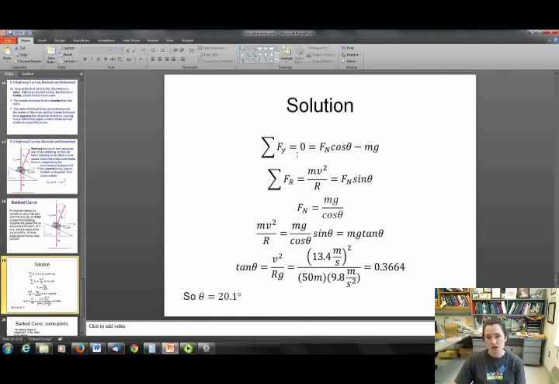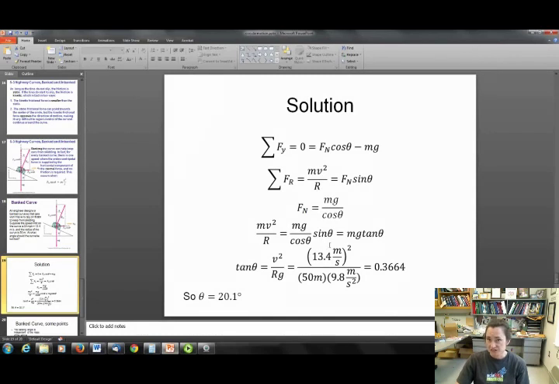Now we're going to use our y equation here and solve for F sub N. So since F sub N cos theta minus mg is equal to 0, then F sub N cos theta equals mg, and then F sub N is equal to mg divided by the cosine of theta. If I plug that expression in for my normal force in my radial force direction, okay, then I have mv squared over r is equal to mg over the cosine of theta times sine of theta.